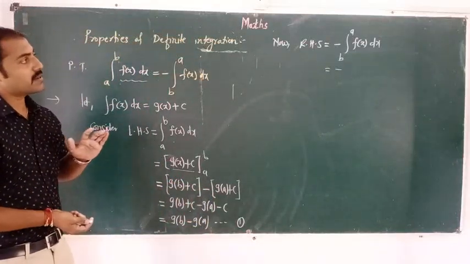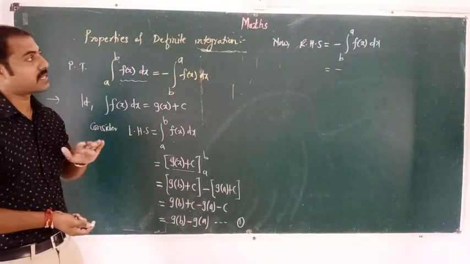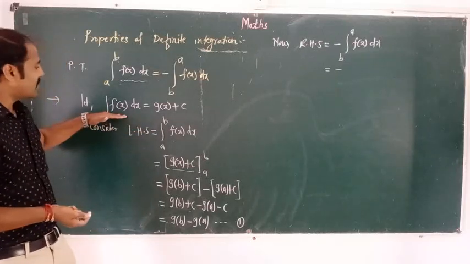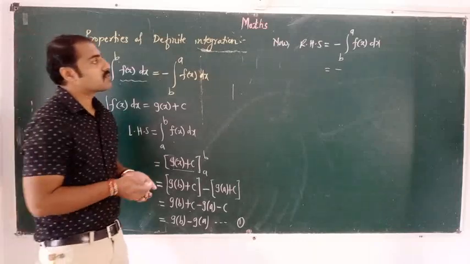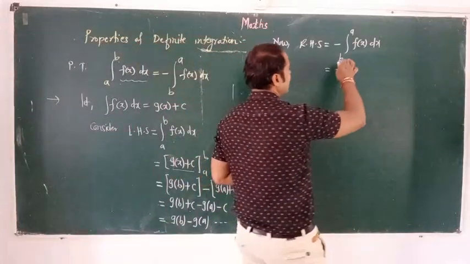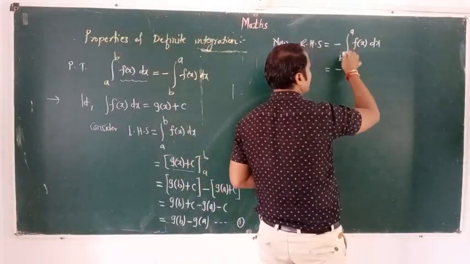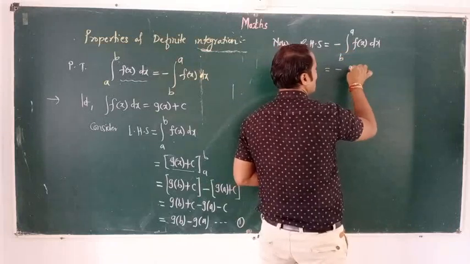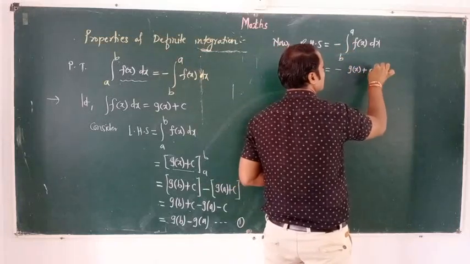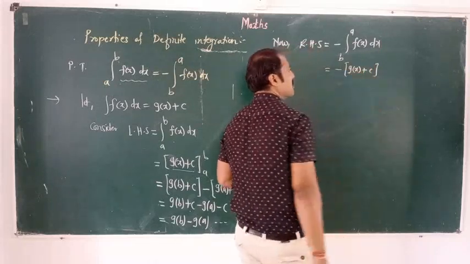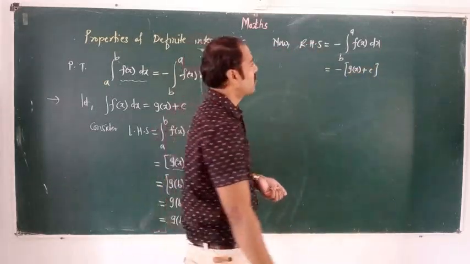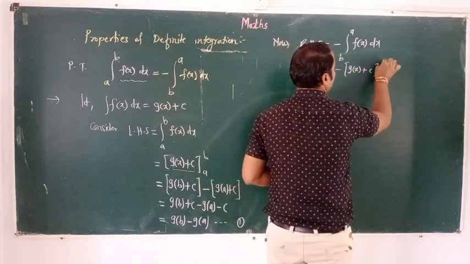The definite integration is there, but we are considering, or let, integration of f of x dx is g of x plus c. So I can write the answer of this definite integration is g of x plus c, since integration of f of x dx is g of x plus c, and the value of the primitive from lower limit b to upper limit a.